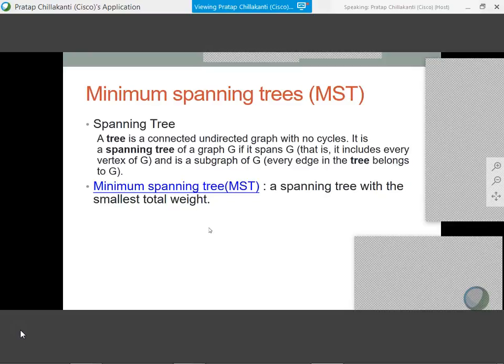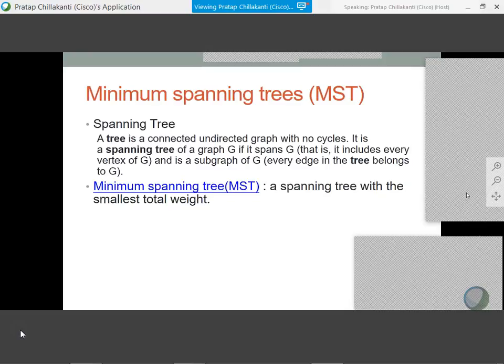What is the minimum spanning tree? It's a tree with the smallest total weight. If the edges have weights, whatever the weights may be, it could be distances, it could be communication delays, whatever, depending on the problem context, a weight could be anything. A minimum spanning tree is nothing but a spanning tree with the smallest weight.